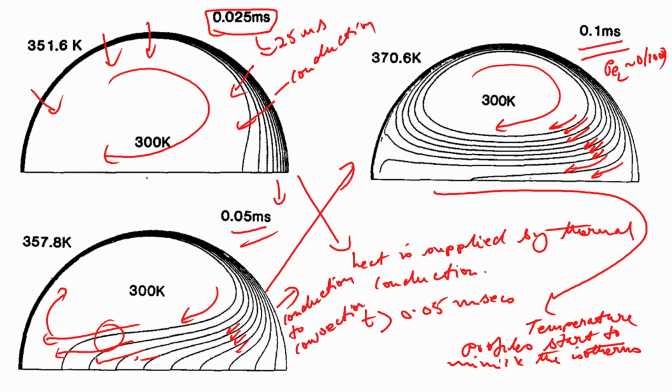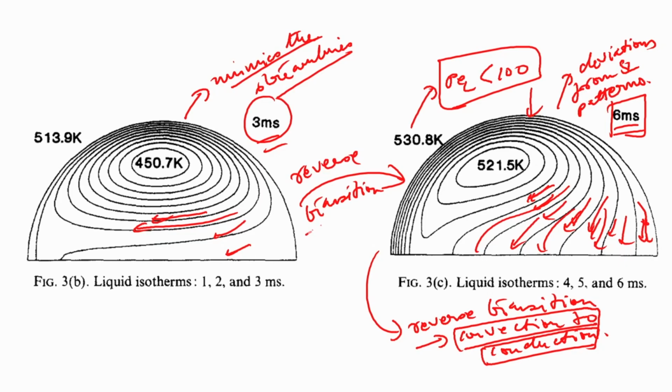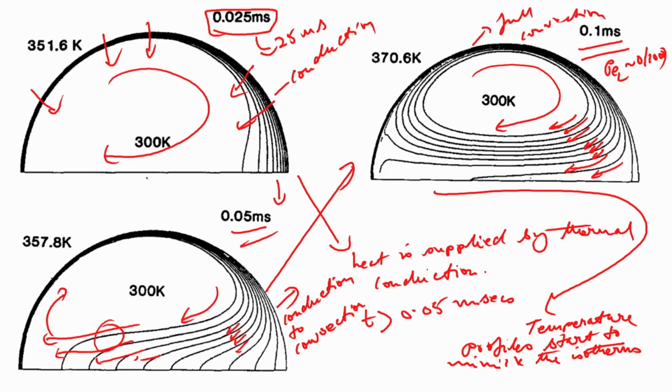This is full convection, and then it starts to show the reverse transition from convection to conduction. So this profile and this profile, in a time limited sense, are kind of similar looking, you can see that.